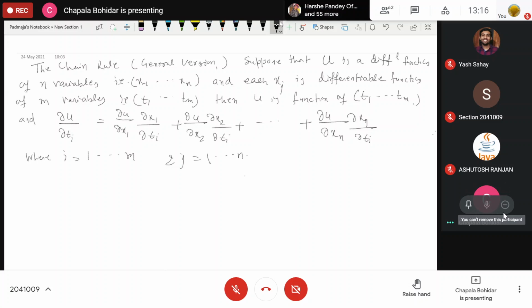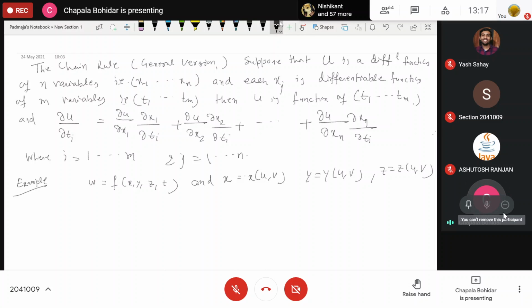So here, now example. Write out the chain rule for the case of w, where w is a function of x, y, z, t, and x is a function of u, v, y is also a function of u, v, z is a function of u, v, and t is also a function of u, v.